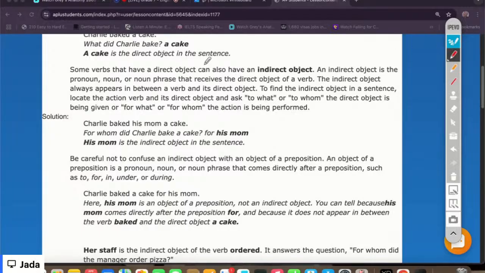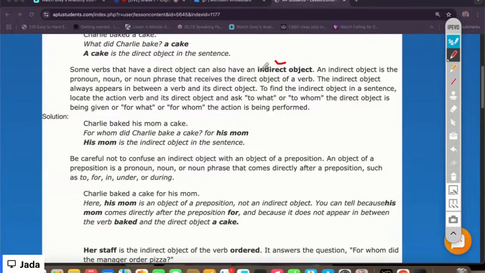Some verbs that have a direct object can also have an indirect object. An indirect object is the pronoun, noun, or noun phrase that receives the direct object of a verb. The indirect object always appears in between a verb and its direct object.